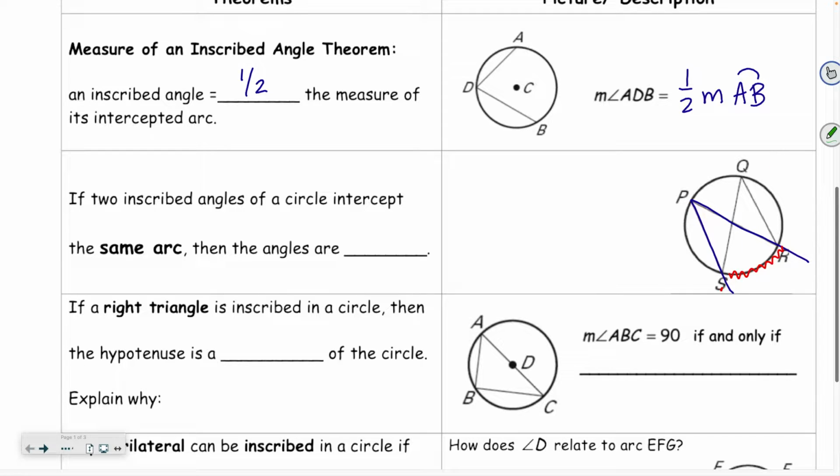What arc does angle Q intercept? SR. So if they intercept the same arc, then the angles are congruent. So this angle and this angle are congruent. What about angle S and angle R? Would they be congruent? Yes.